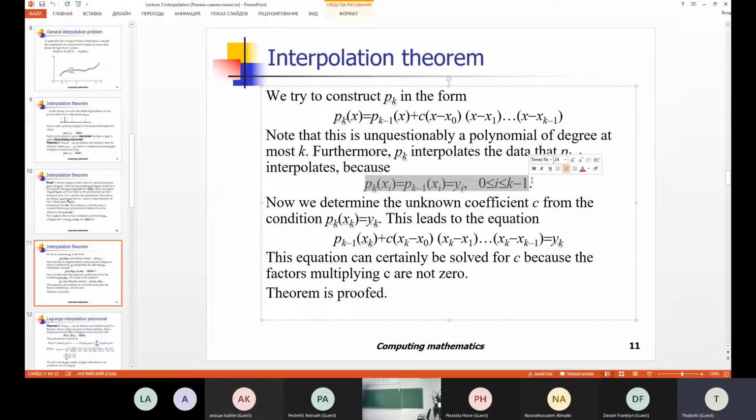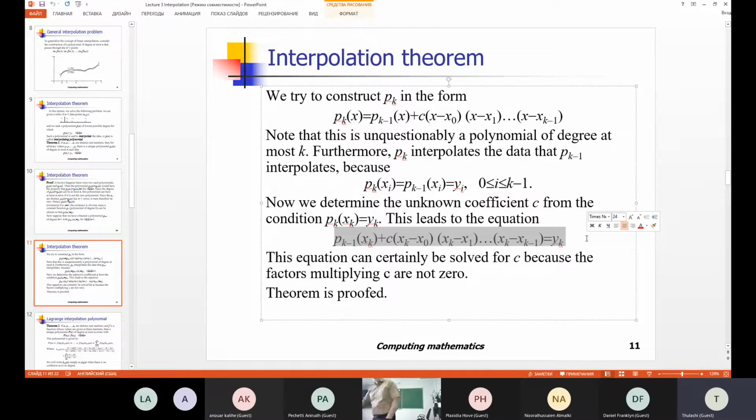I just substitute the value of xk in this formula, and I get this equation.